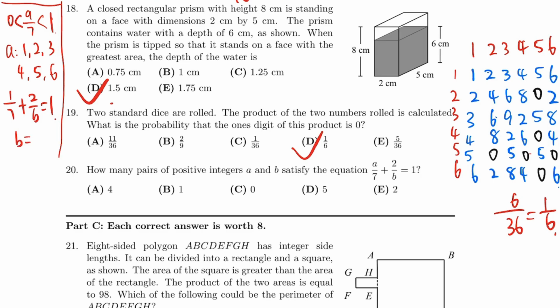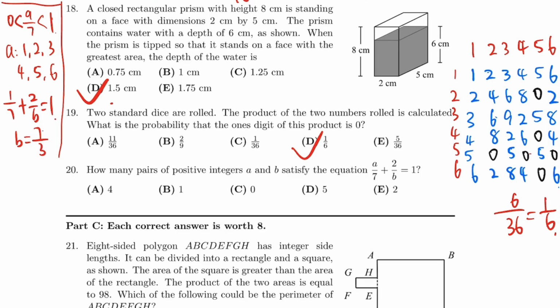In this case, b is 14 over 6, which is 7 over 3.